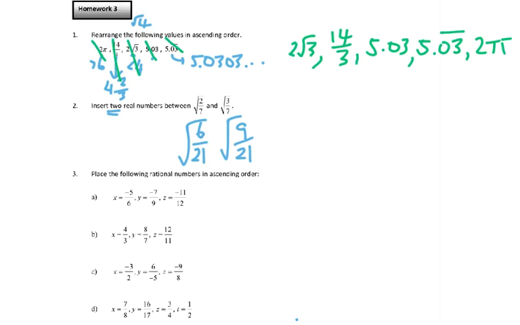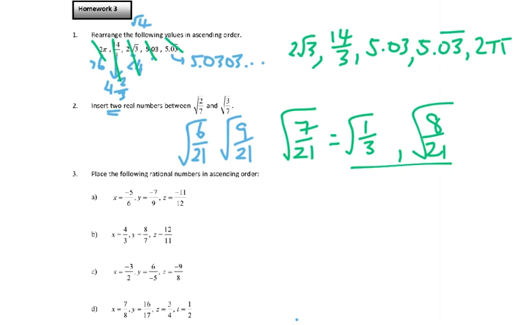So 2 in between there, I think we can see relatively easily that it's going to be 7/21, which we can simplify to the square root of 1/3, and also the square root of 8/21. So there are 2 rational numbers. There are in fact infinite solutions, so there's possibly a variety of correct answers for that question.